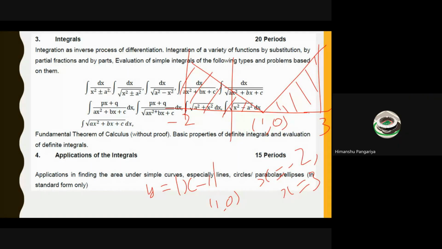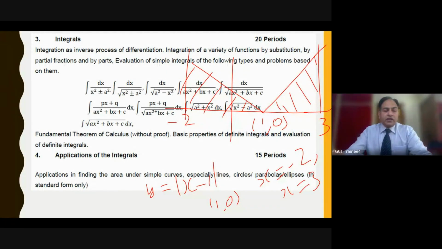Some of the sample papers that are available in the market. The only idea is that private publications may come up with any of the graphs, log x, e to the power x, and these are the favorite questions for IIT JEE. In CBSE, such types of graphs are not in the syllabus, and in the sample paper also you will not find such questions. Circle and line, yes, of course, that type of question one can expect, but not based on e to the power x and log x.